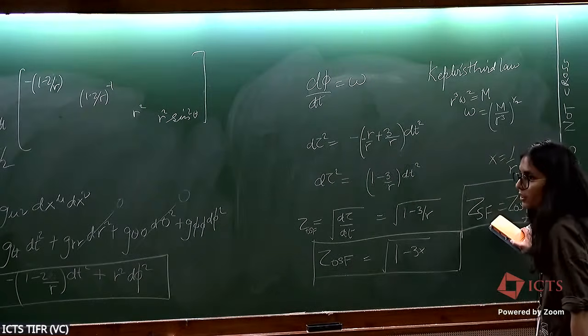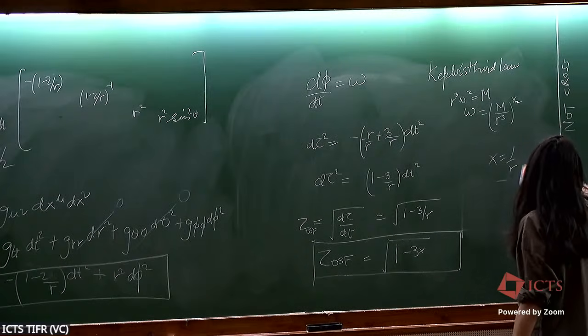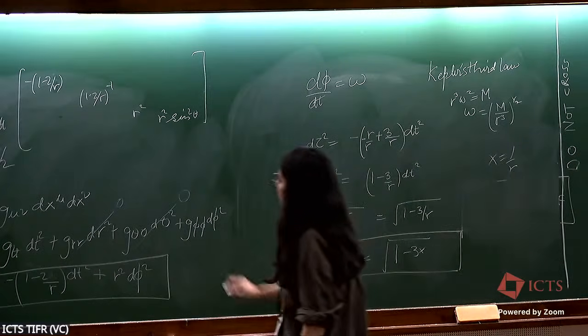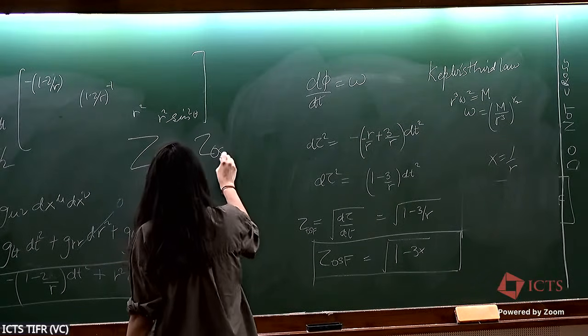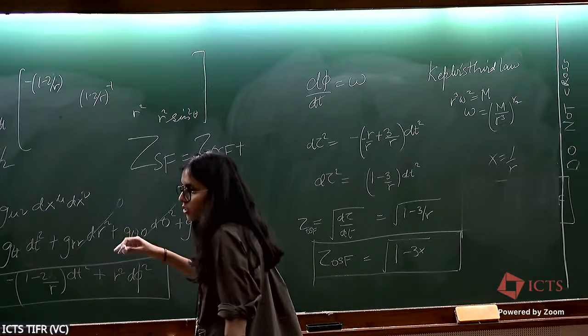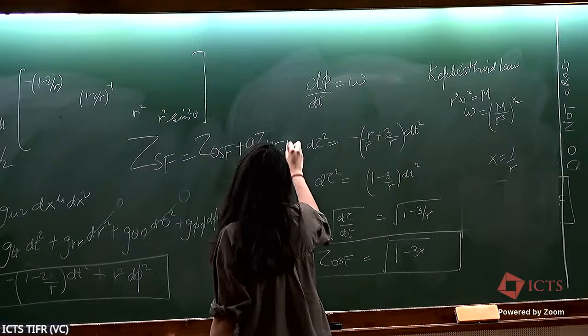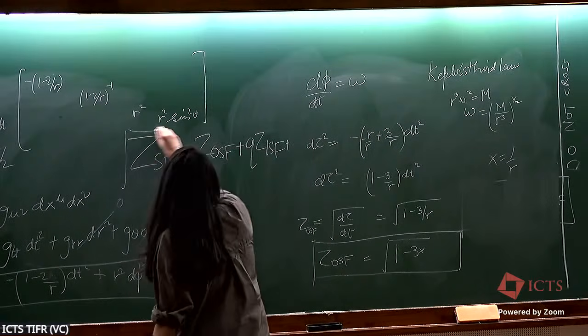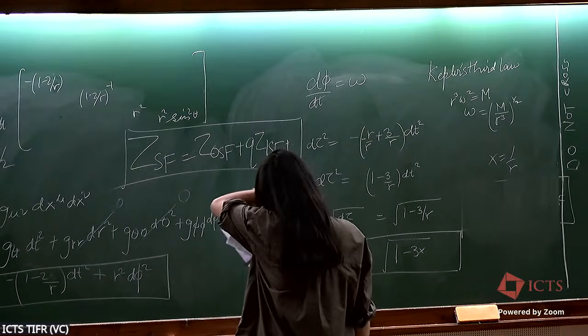Is this equation okay? So what we have finally is this ZSF is the 0 SF computation that we just did from Schwarzschild, and then from self-force we will have the 1 SF computation plus higher order terms. So the total redshift from the self-force computations would look like this.